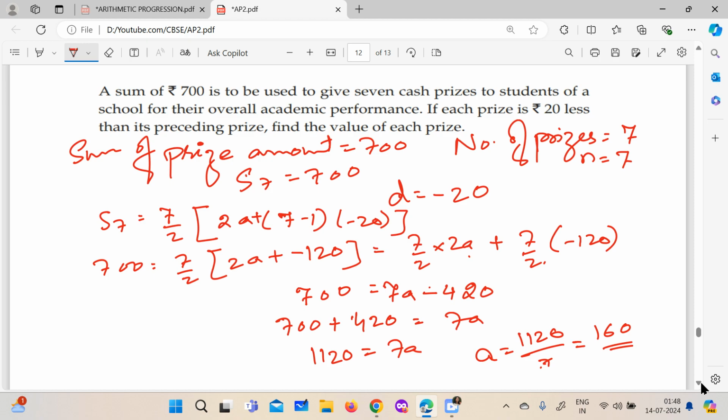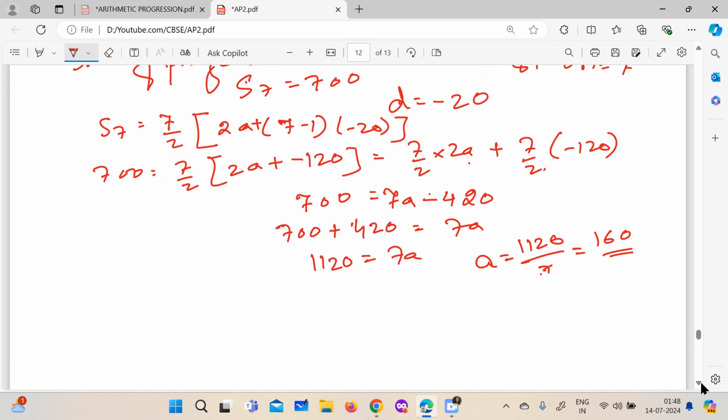So if the first amount is 160, then the next will be reduced by 20. So next is 140, then 120, then 100, then 80, sixth will be 60, and seventh will be 40. So this will give you 160 plus 140 is 300, 420, 520, 600, and 700.